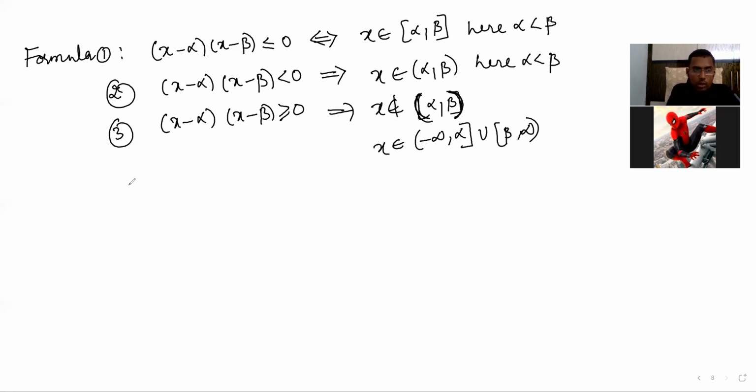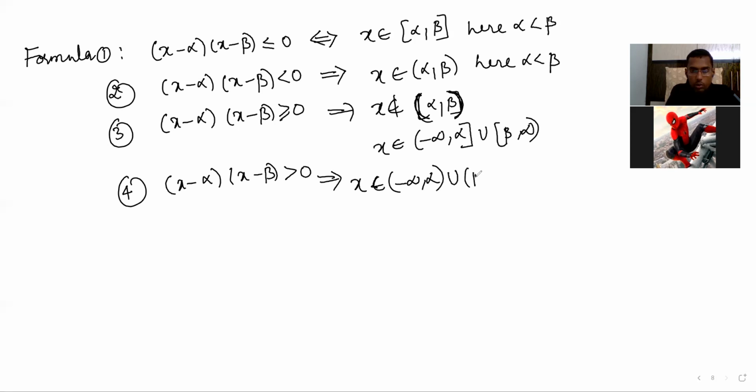This I will tell you why. Number 4: (x minus alpha) into (x minus beta) greater than 0 implies x belongs to minus infinity to alpha union beta to infinity, open brackets. This we'll discuss.